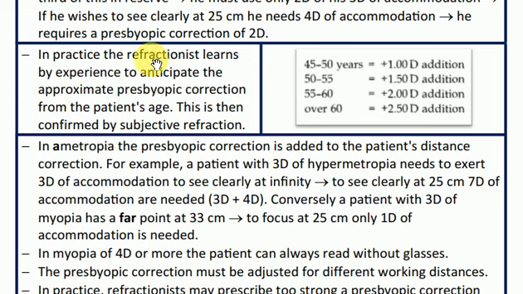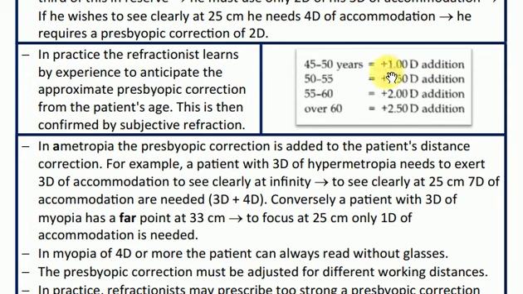In practice, the refractionist learns by experience to anticipate the approximate presbyopic correction from the patient's age. This is then confirmed by subjective refraction. So for age 45 to 50 years, the normal spectacles correction is plus 1 diopter.